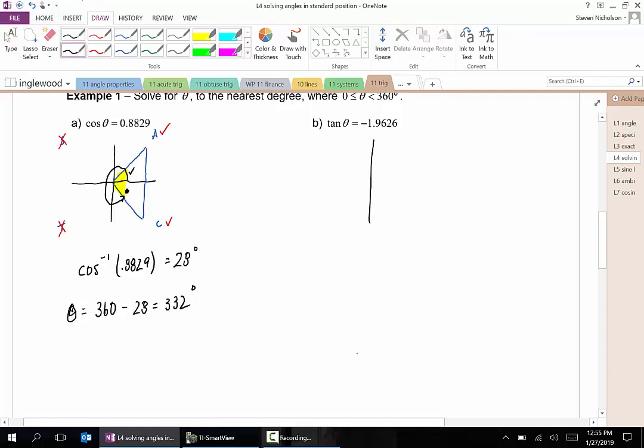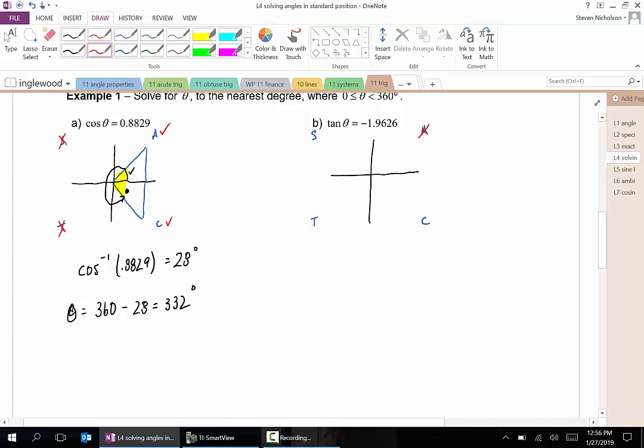Okay. So in our second one then, we want to know the angle that has a tangent ratio of that. And again, we have this idea of all students take calculus. In the first quadrant and the third quadrant, the tangent ratio will be positive.